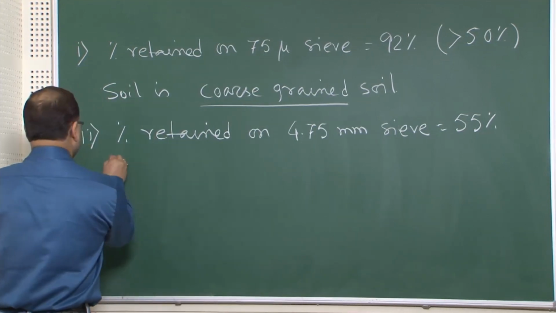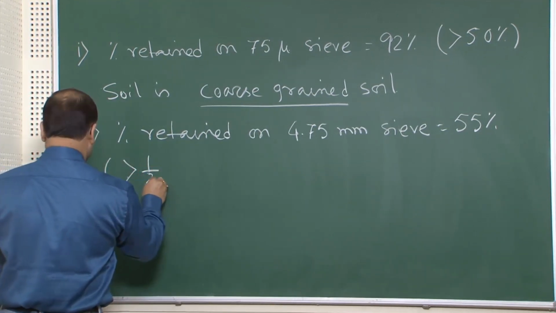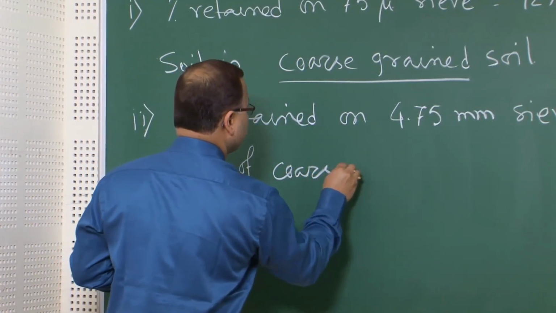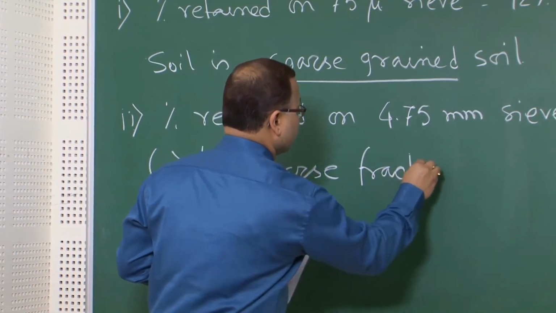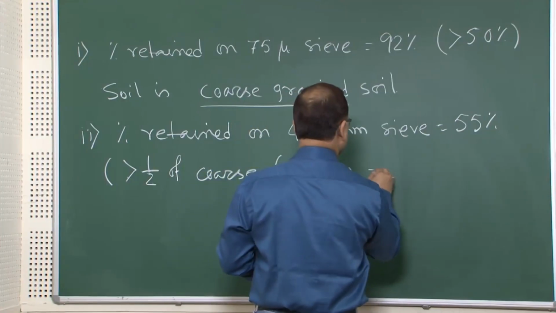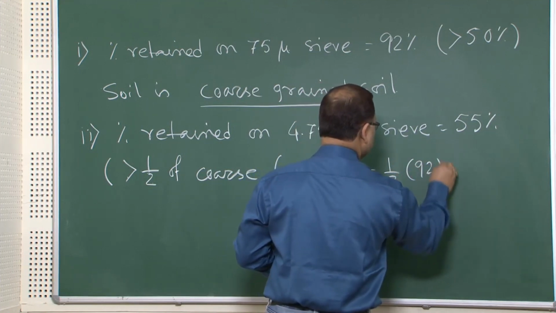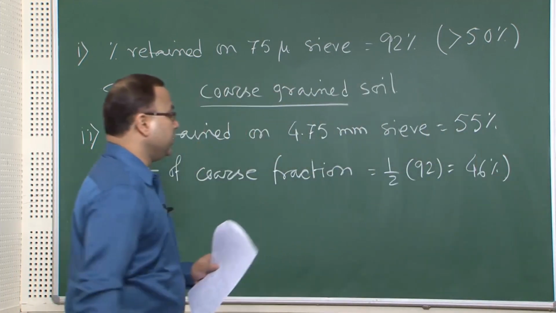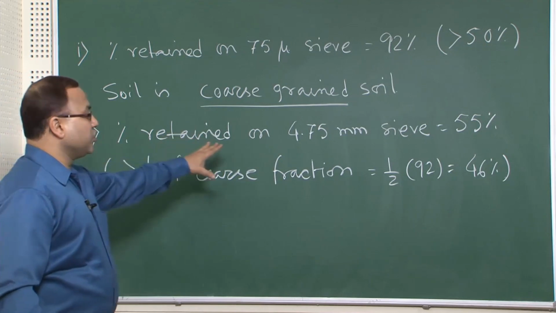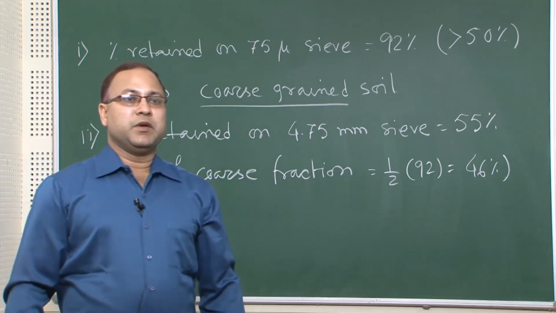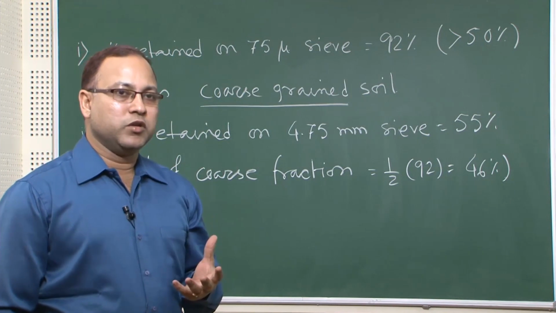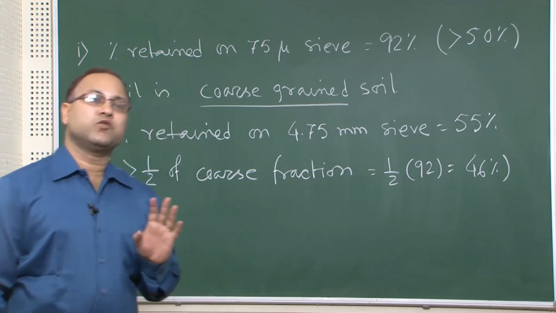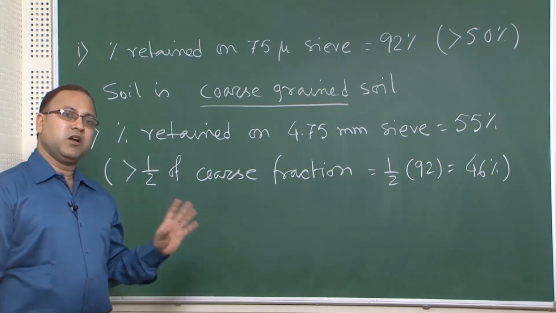Now, as we know, half of coarse fraction, that means 50% of coarse fraction, will be half of 92, which is coming as 46%, right. So, based on the retention on 4.75 millimeter sieve, we can conclude whether the soil is gravel or sand, right. So, that 4.75 millimeter sieve is crucial for classifying the soil as gravel or sand.